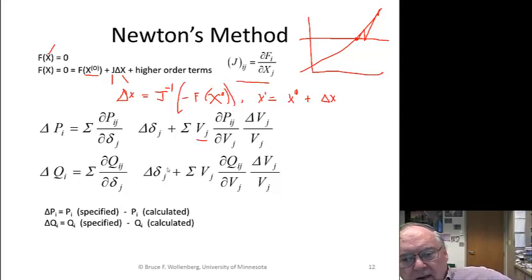Similarly for q. So we say that the delta p is the value that we want. This we know, the specified, and this is the most recently calculated, so that's the delta p.